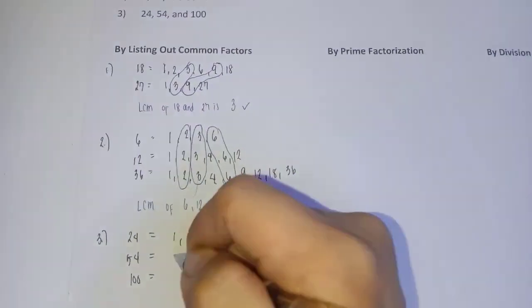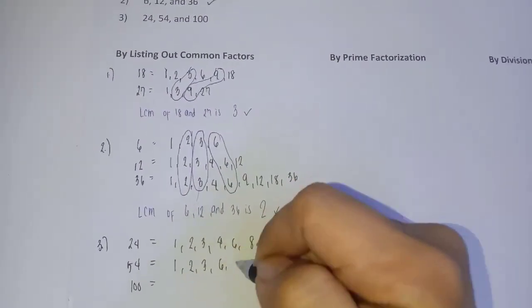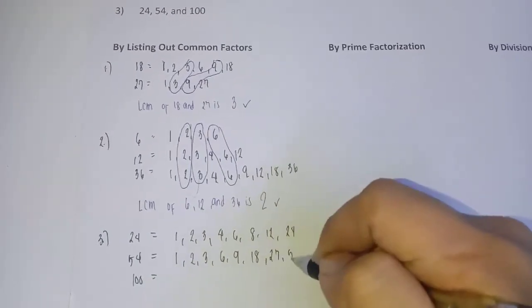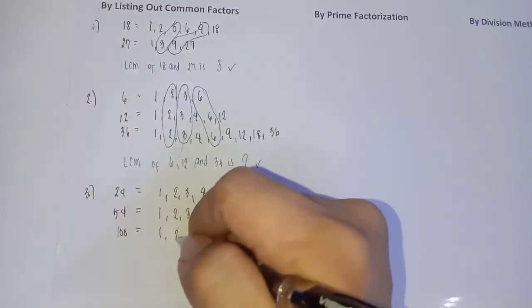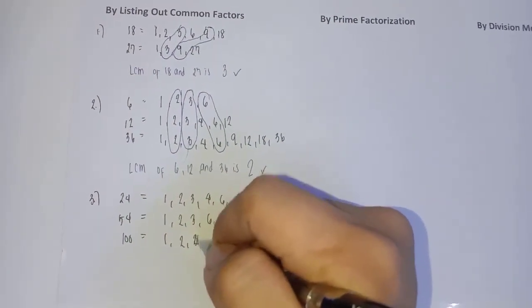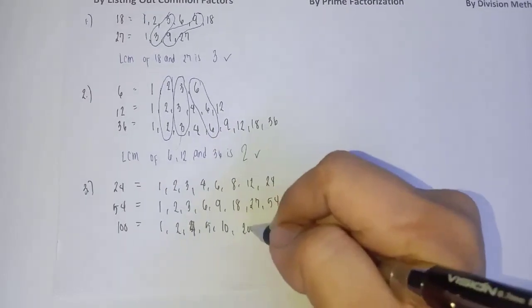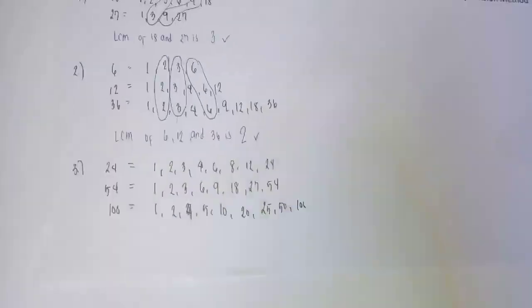Factors of 54 are 1, 2, 3, 6, 9, 18, 27, and 54. For the factors of 100, we have 1, 2, 4, 5, 10, 20, 25, 50, and 100.